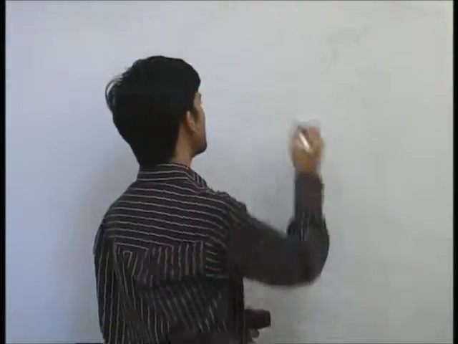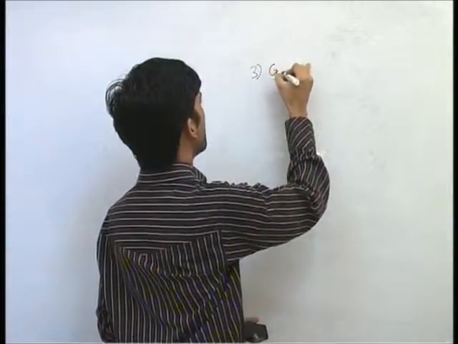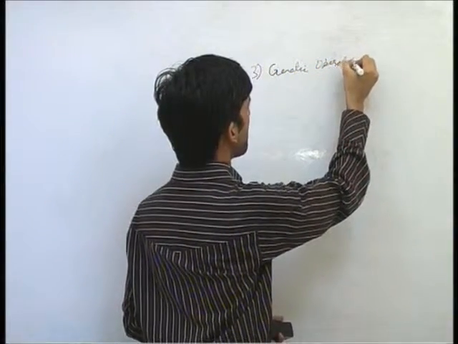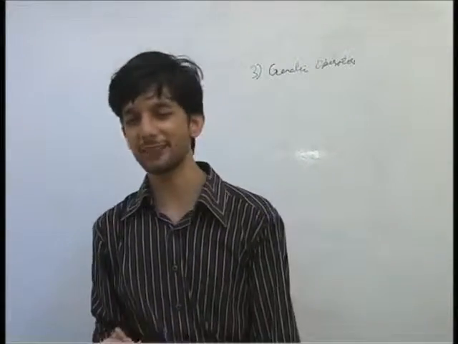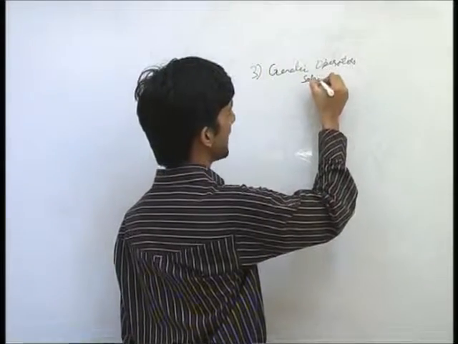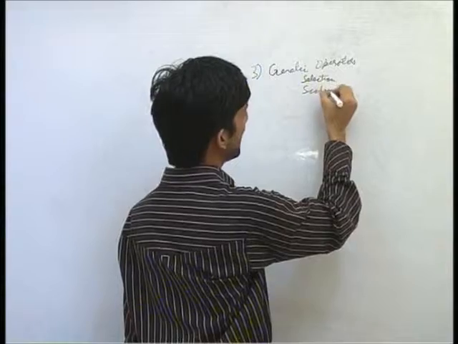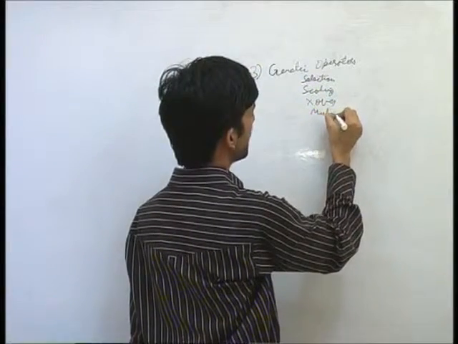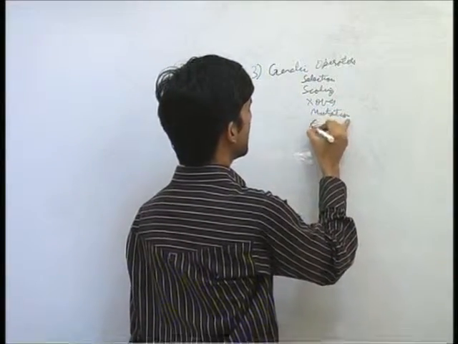The third thing that I need to do is to have genetic operators. Now because my individual is a double vector, all the conventional operators would apply. That means I'll be able to use conventional selection, conventional scaling, conventional crossover, conventional mutation, and conventional elite.